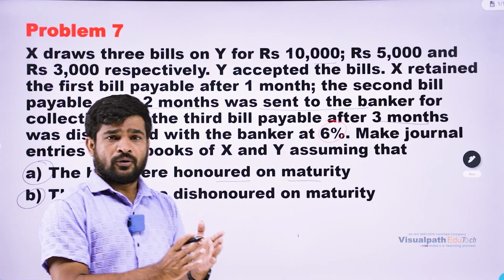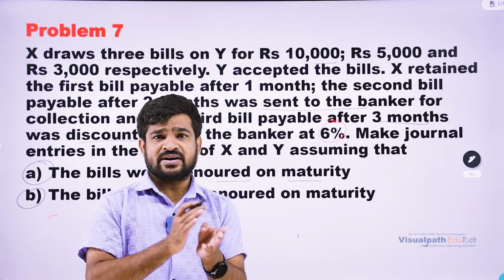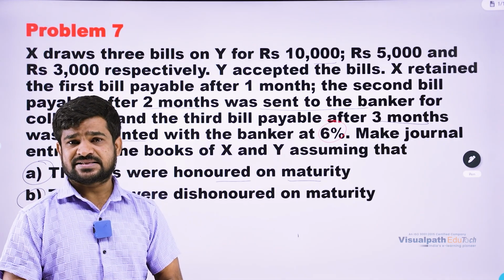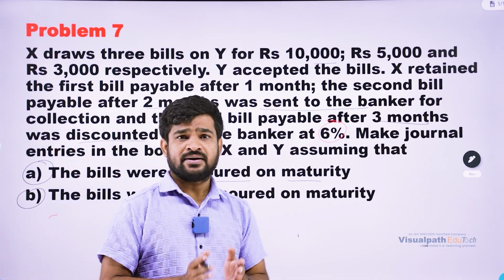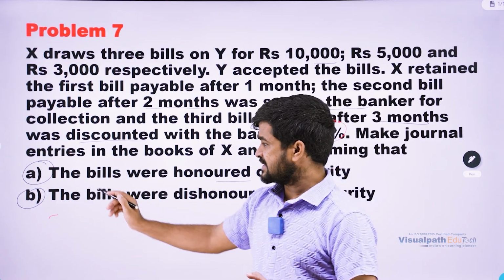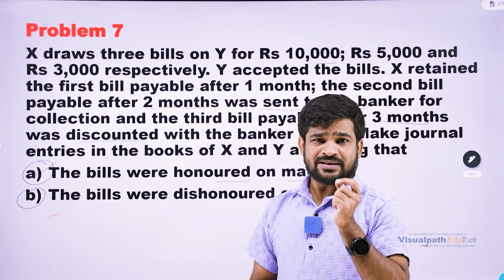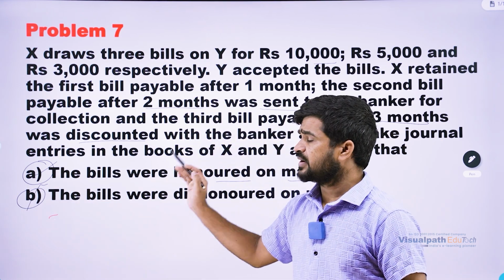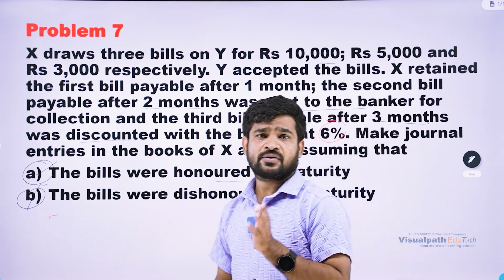One is held by the drawer, another is sent to bank for collection, and the third was discounted with bank. Now he is asking the entries to record in the books of drawer and drawee, if it is condition A when all the bills are honored, and if the bills are dishonored.